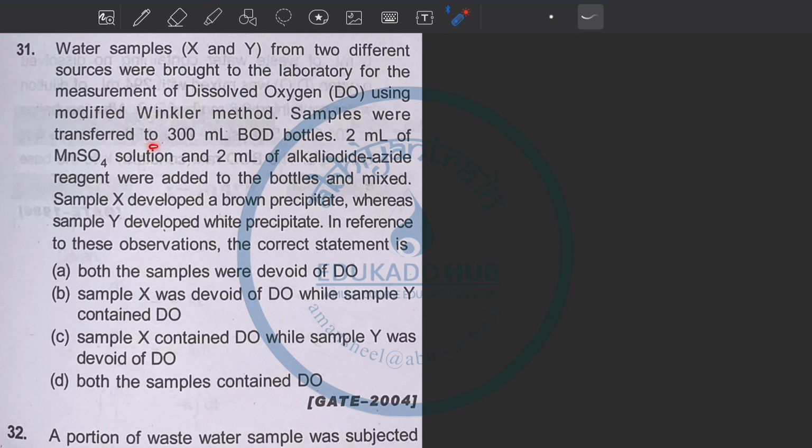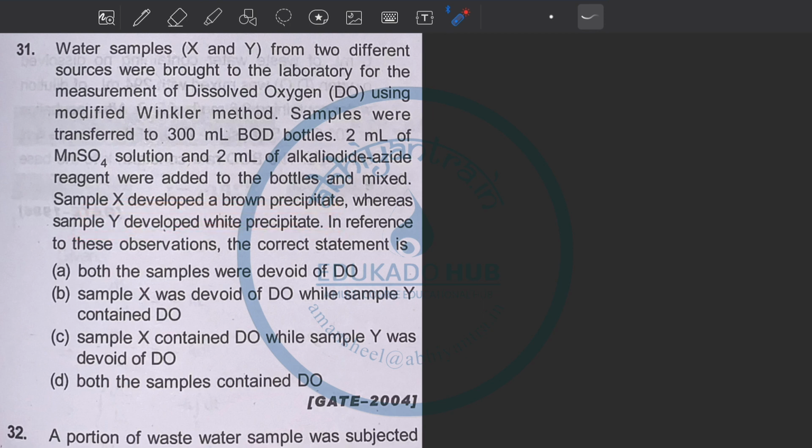Samples were transferred to 300 ml BOD bottles. 2 ml of MnSO4 solution and 2 ml of alkali azide reagent were added to the bottles and mixed. The sample X developed a brown precipitate, whereas sample Y developed a white precipitate.